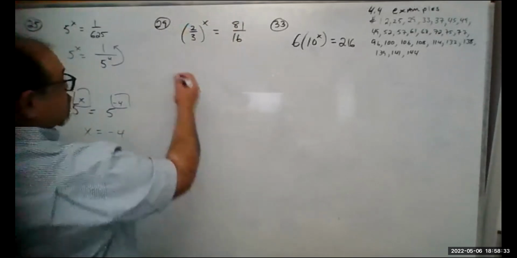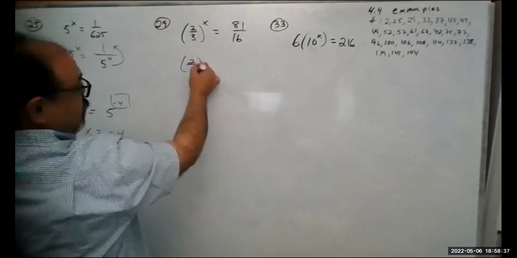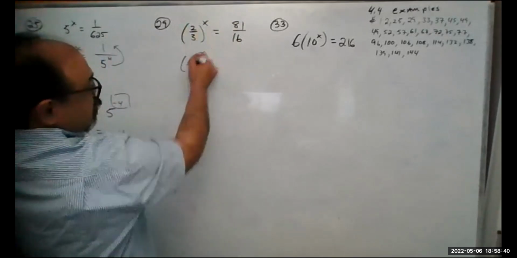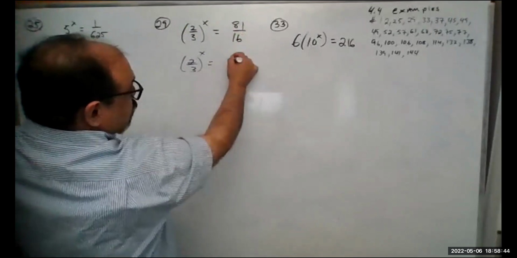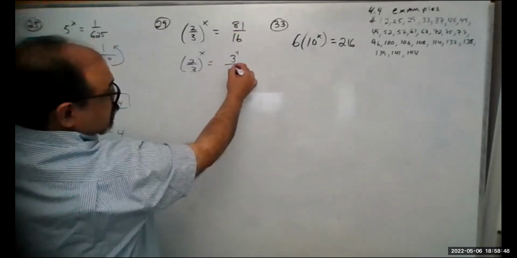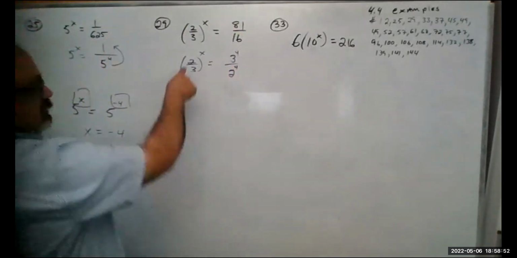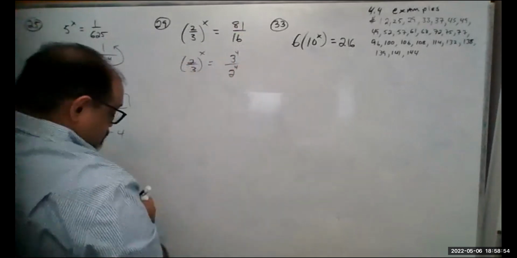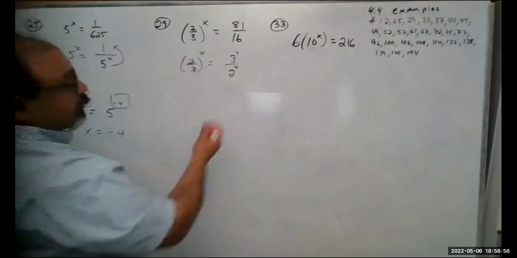So, just like I did over here, with 2/3, don't flip this over because you don't want to change the sign of your x. 81 is 3 to the 4th, and 16 is 2 to the 4th. It's just that your 2 and 3 are in the wrong place. So you can flip them by changing the power of the exponent.